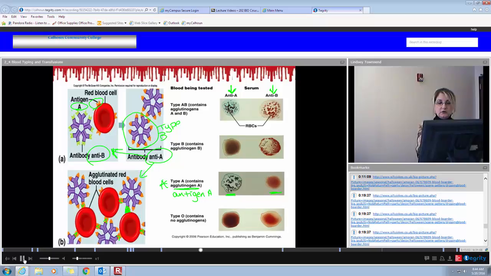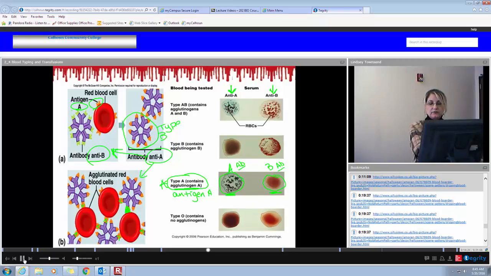Now we put our type A blood onto this slide. Here we put our type A blood into the serum. Remember, this serum contains anti-A antibodies, I'll just abbreviate AB for antibodies. This one has B antibodies. Now look what happens. What's going on here?